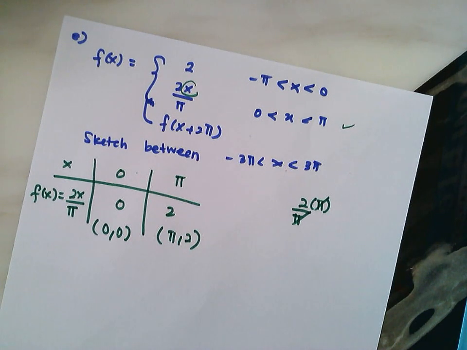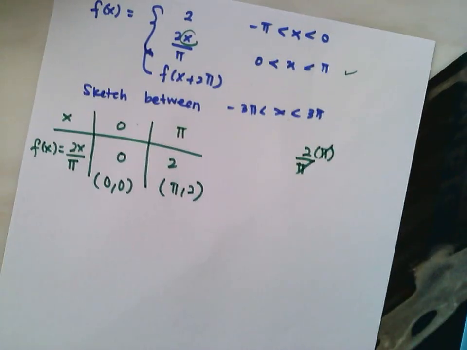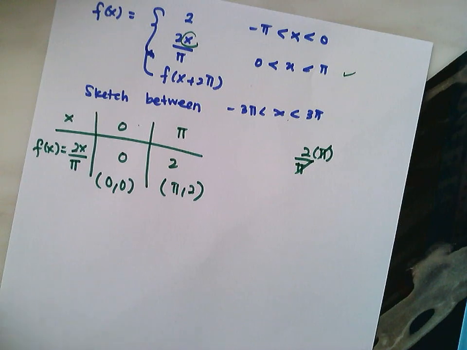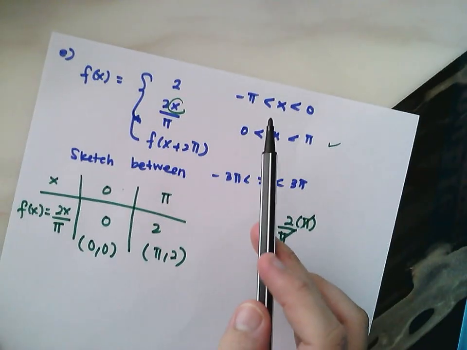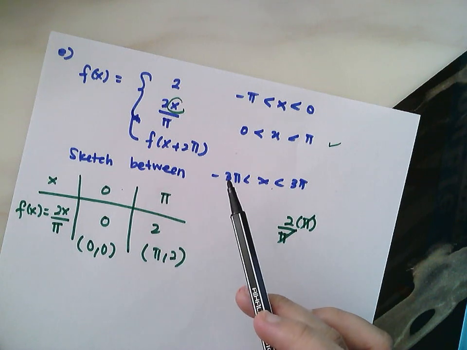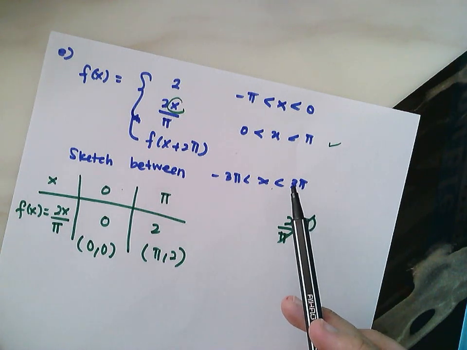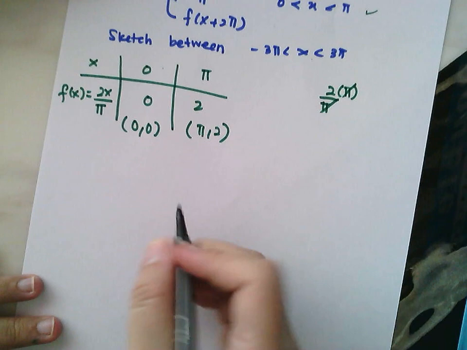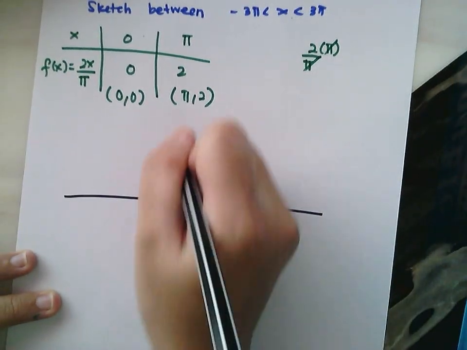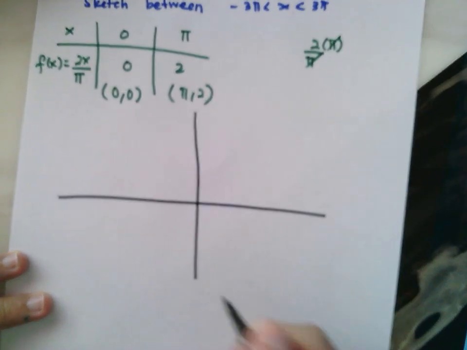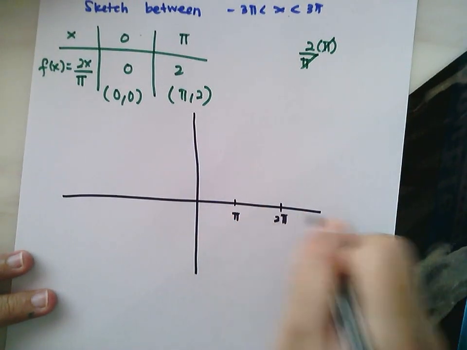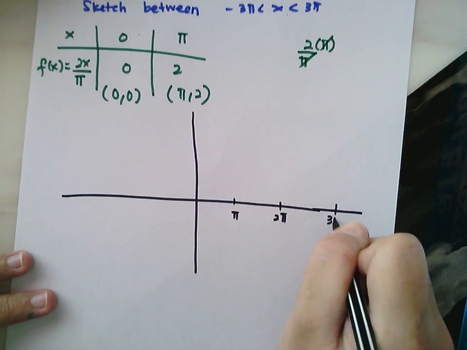Okay, so how to sketch this one? Here the range is from -3 pi. You were asked to sketch from -3 pi to 3 pi. So you will have pi, 2 pi, 3 pi.